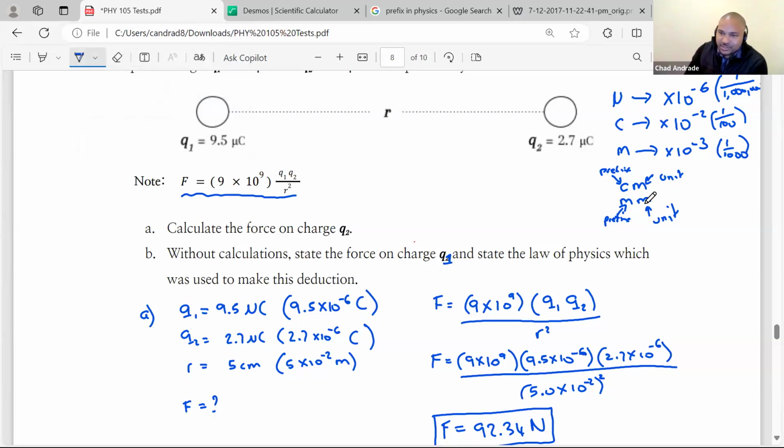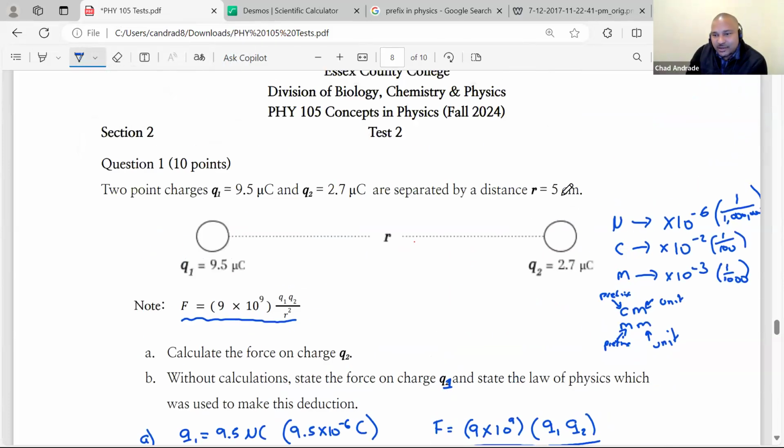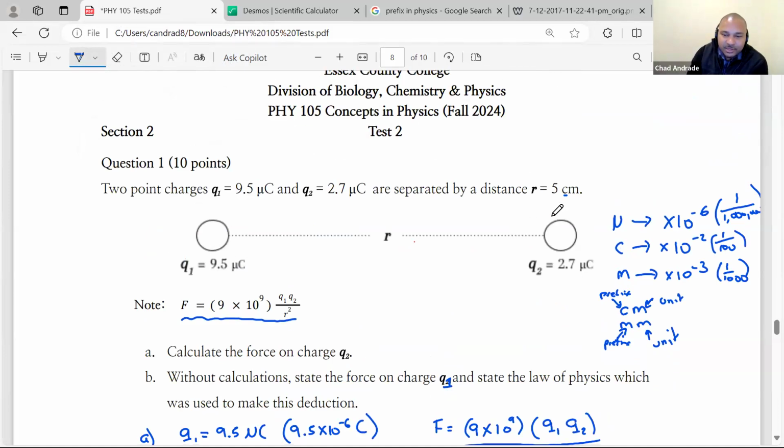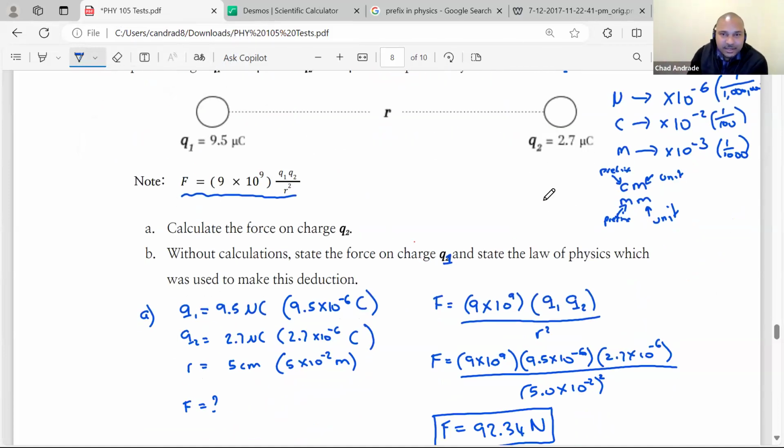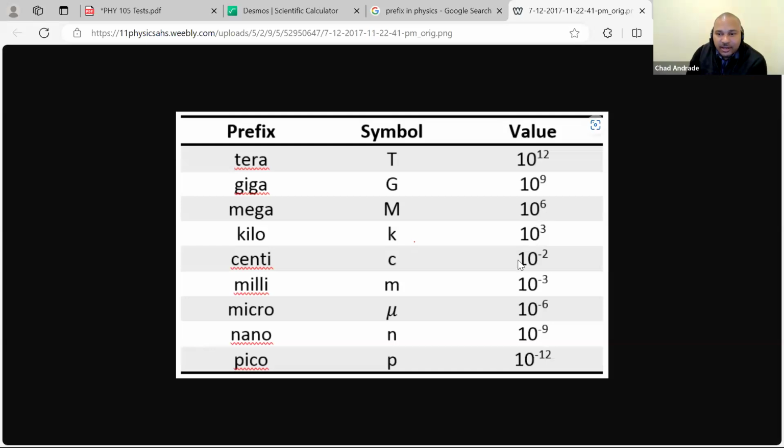When you're seeing the pair of them together, the first one is the prefix, it means times 10 to the minus 3, and the second one is the unit, which is the meter. But if you see centimeters, the C is the prefix and the M would be the meter. The C just means times 10 to the minus 2, or sometimes you put it as 1 over 100.